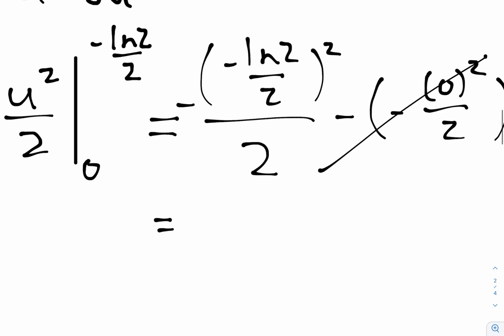All we have to do is calculate negative ln 2 over 2 squared. So this squared is going to apply to both of these numbers. So once we do that, let's figure out what ln 2 over 2 is. So ln 2 divided by 2.